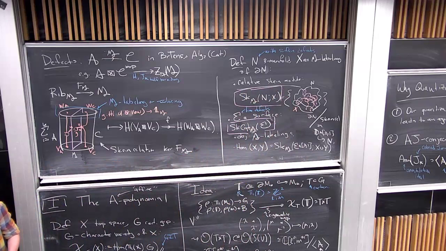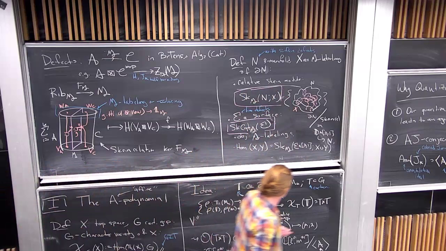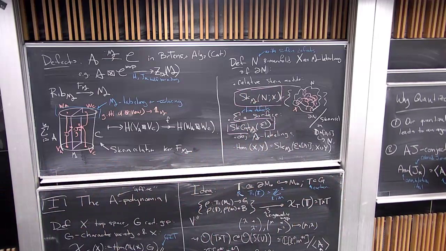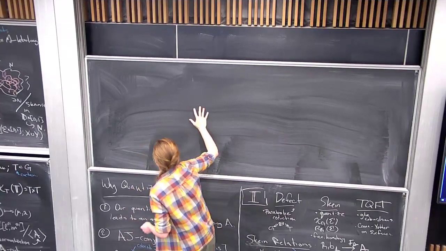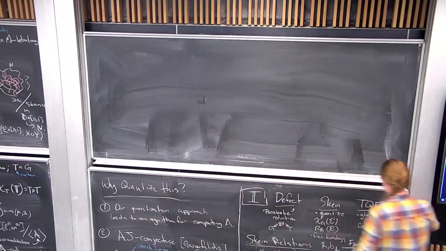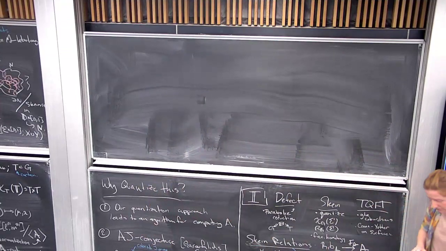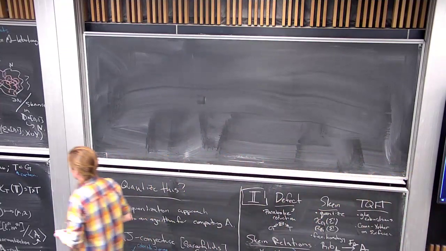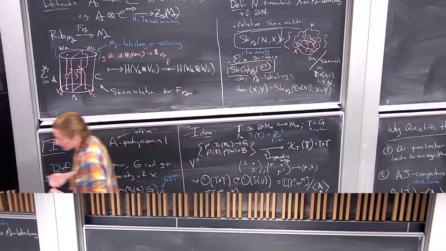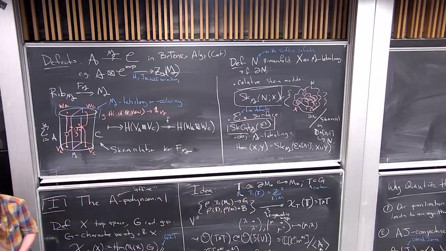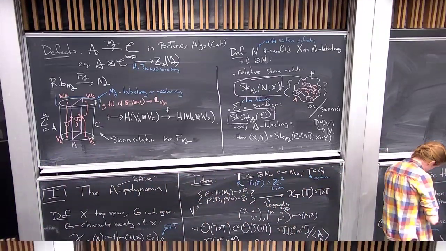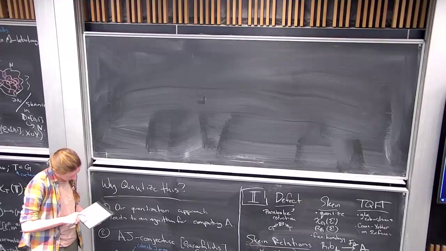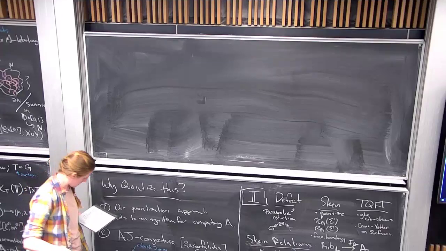Okay, now I've talked about the first two words in this section. I want to now talk about the third, TQFT. So this, I said, gives me a categorified 2+1 TQFT. You may want to know what happens on cobordisms.